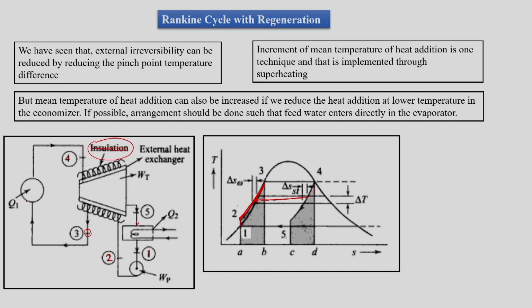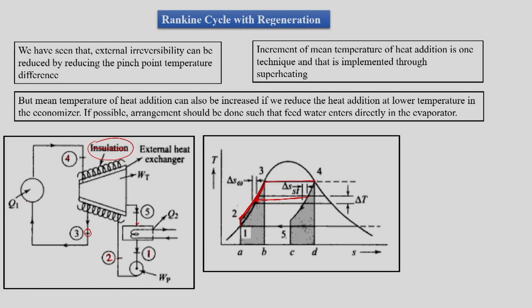This turbine is giving this heat such that water is going from 2 to 3. Then 3 to 4 is where we are adding heat into the boiler. 4 to 5, earlier the turbine was having isentropic expansion, which is adiabatic reversible, but now we are saying that there is no insulation.